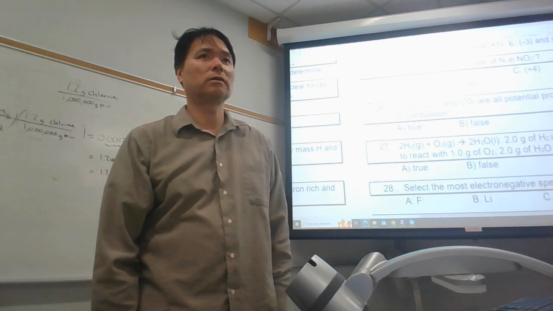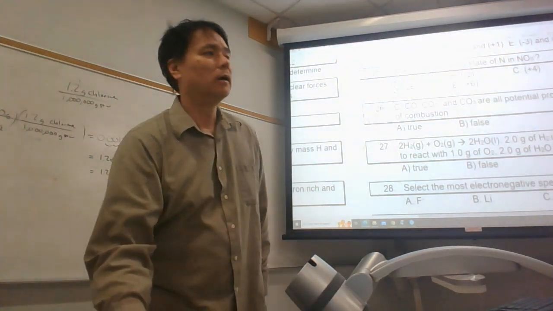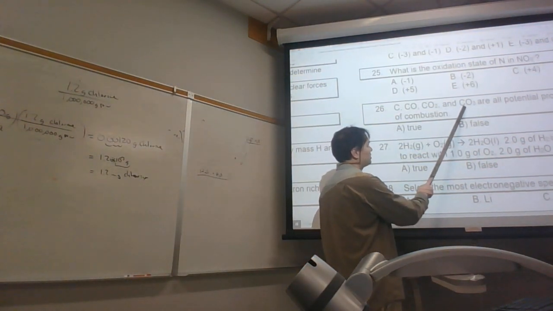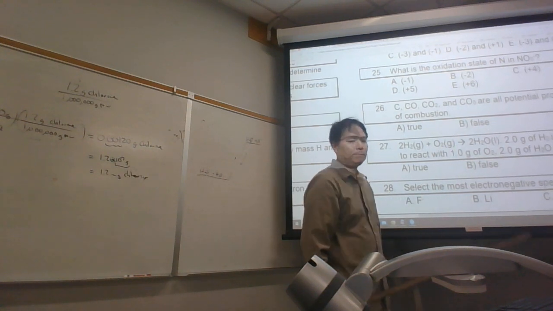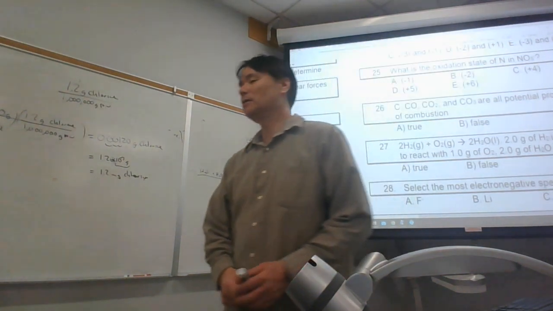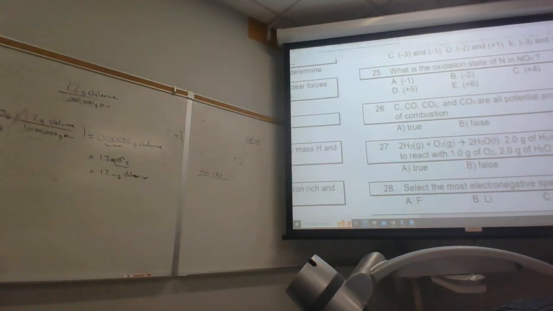Or didn't know? I think false. Yeah, false is correct. This is false because of this, and this is an oxidation state problem. If you look at CO3, what is the oxidation state of carbon in CO3? That's plus 6.